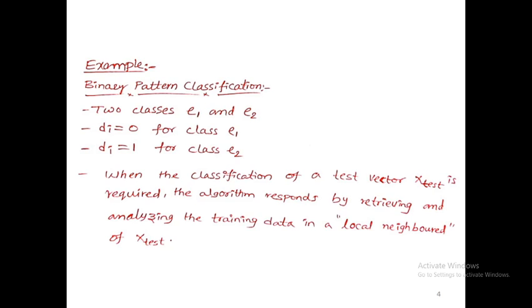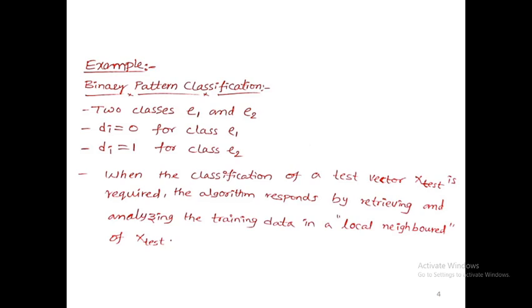For example, in binary pattern classification, there are two classes. Let us name those classes as E1 and E2. E1 is one classifier or one class, and E2 is another classifier and another class. di is equal to 0 for class E1 and di is equal to 1 for class E2.